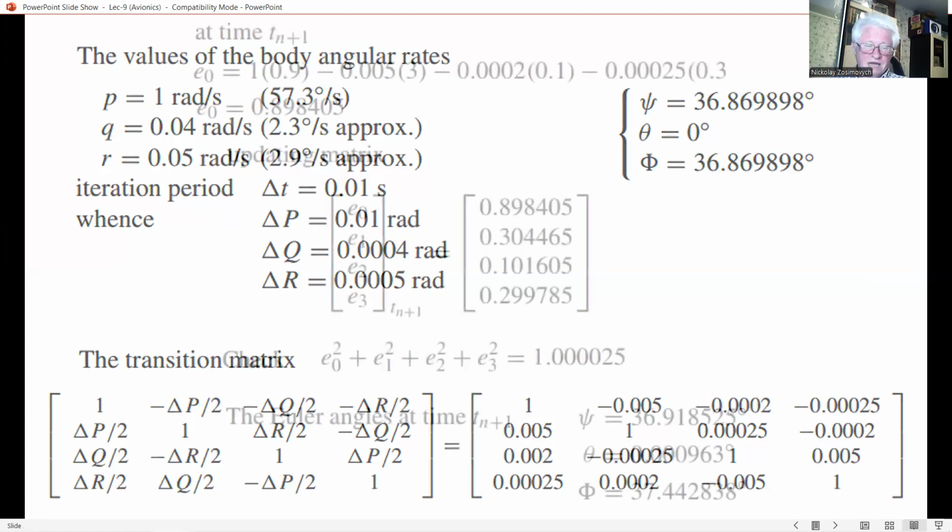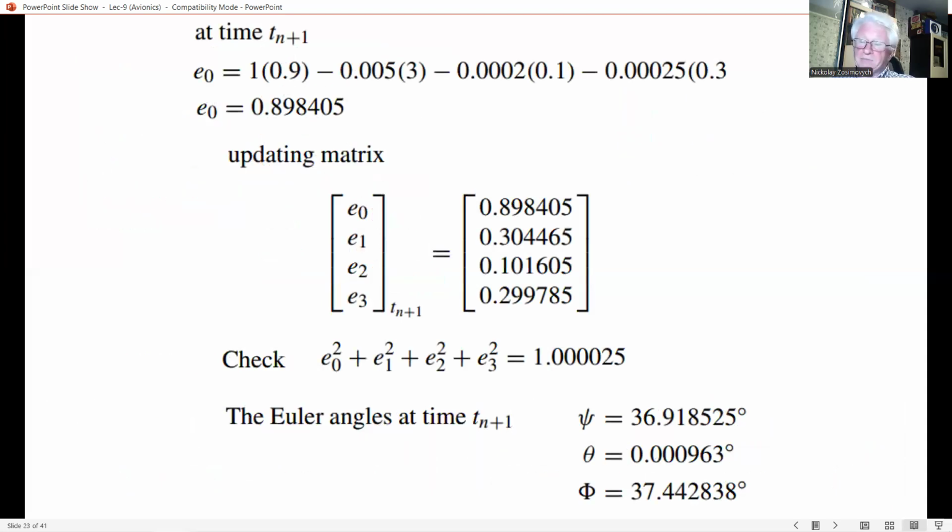Hence at time t n plus 1, at the next step, e0 will be represented by this expression. In this case, e0 will equal 0.89. Evaluating the updating matrix yields this expression.